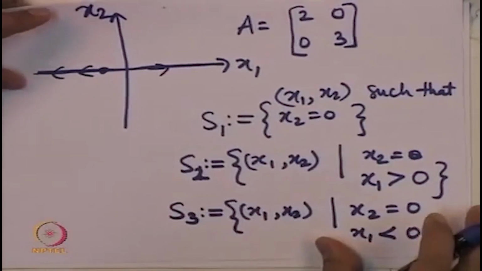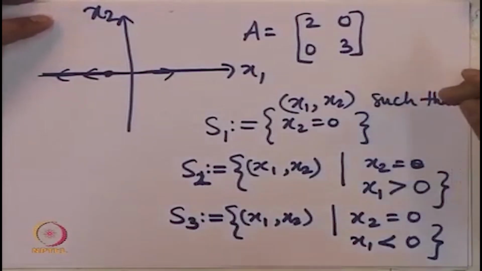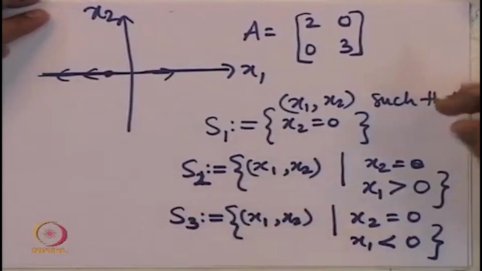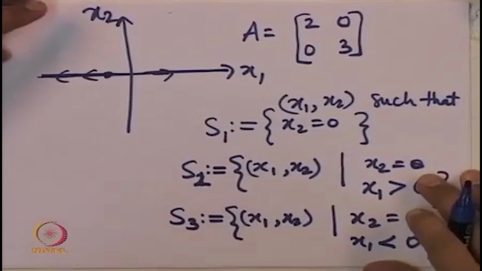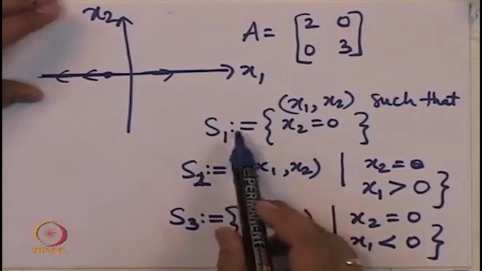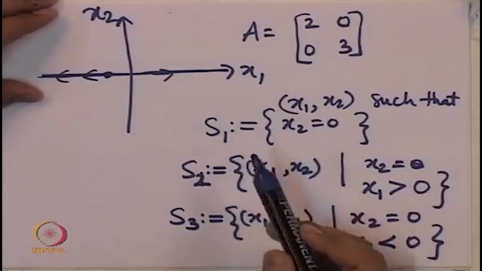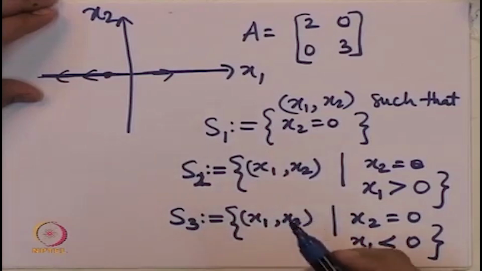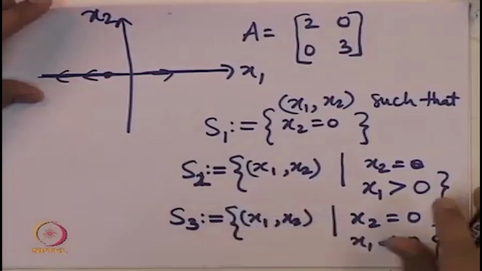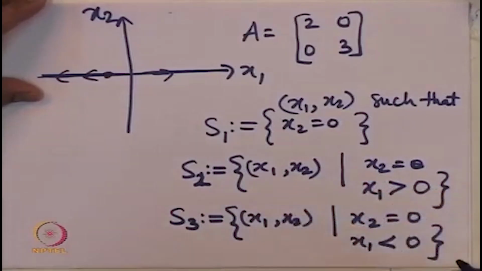So these are different invariant sets. So we are usually not interested in the equilibrium point as an invariant set. We are also not interested in the plane R2 as an invariant set, because these are the trivial invariant sets. We are interested in some more sets which are larger than the equilibrium point and smaller than the set R2, which are invariant under the dynamics of f, and the eigenvectors are examples of such invariant sets.